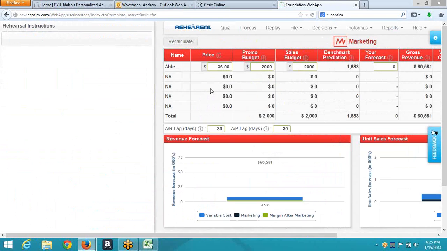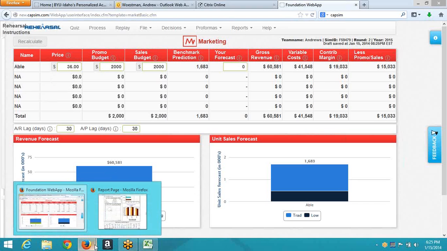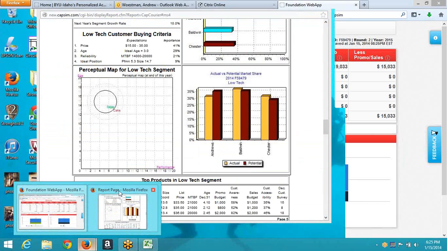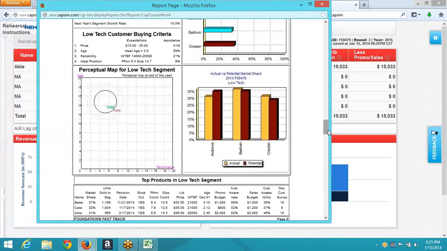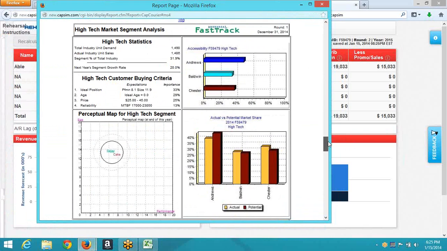So when I'm in my marketing and I want to decide my price, I have to take that into consideration. I can sell to both products. What kind of price do I want? In the low-tech market, it says the highest that you want to put it is $35. Then if you go to the high-tech market, it says the highest you can put it is $45.